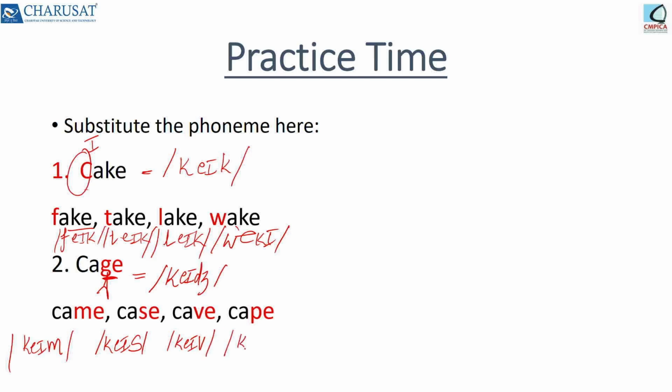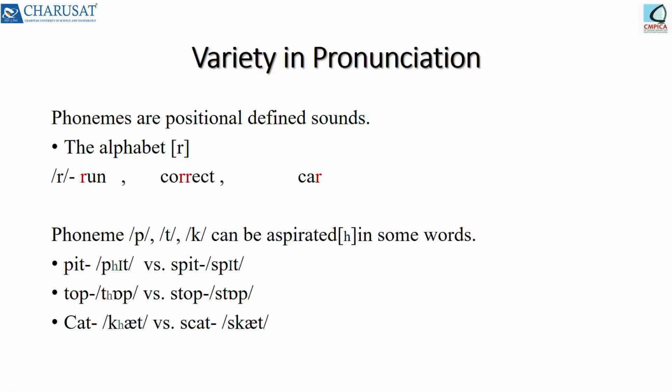And this would be K, P. This is how we can identify, just by changing one sound, that is M, S, W and P. We will be able to identify more phonemes as such.